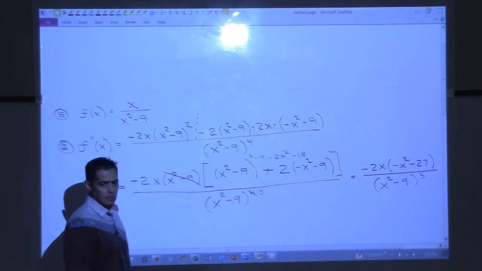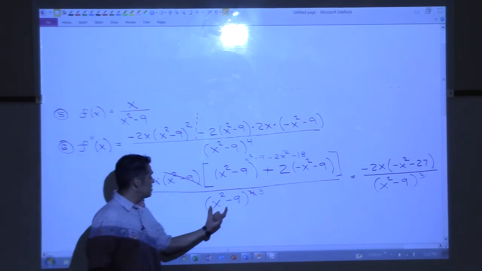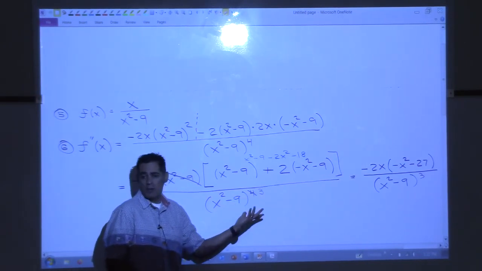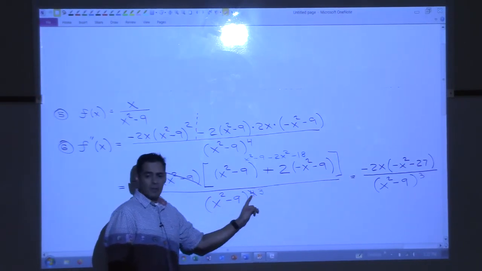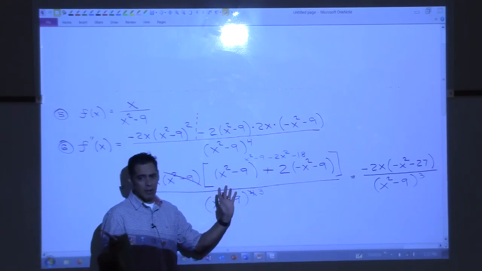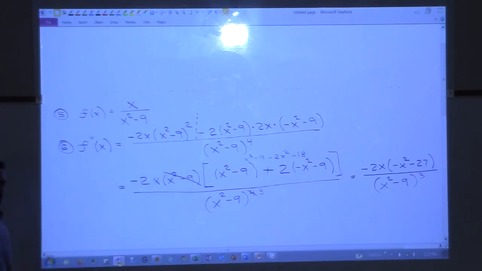Would x squared minus 9 raised to the power of 4 be significant as compared to x squared minus 9 to the third? No, because whatever makes x squared minus 9 zero is going to make it to the third or fourth power 0. So it doesn't matter if you raise it to the third or the fourth. If this is 0, you're in trouble, right? Am I addressing your question?